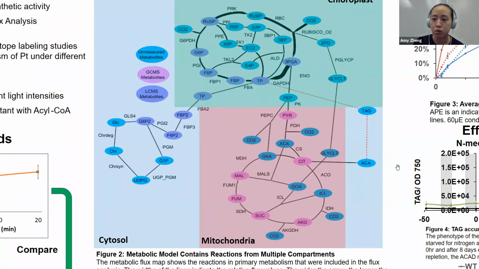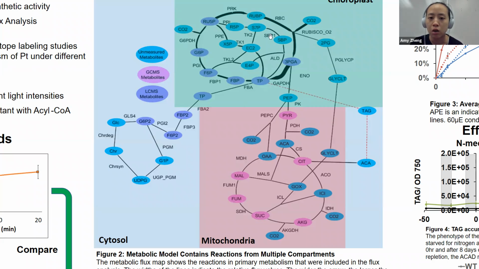So the reason why we use central carbon metabolism is because the tracer, which in our case is CO2, can be incorporated quickly. And our prediction is that the bottleneck for TAG degradation and changes in photosynthetic activity can be seen in central carbon metabolism. So how you can read a flux map is the wider the arrow, the more flux is going through that reaction.